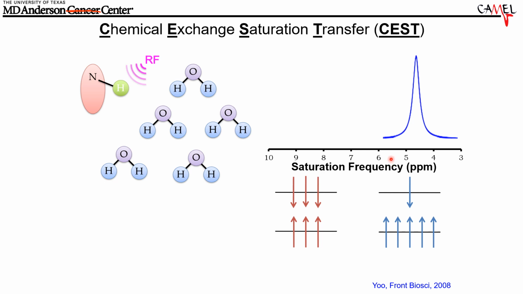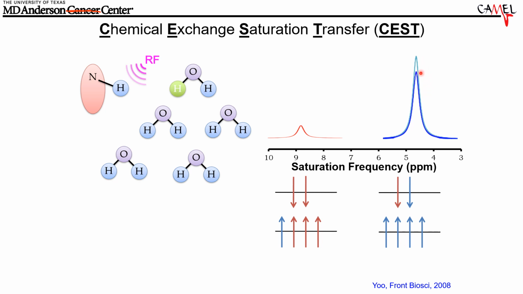Well, now let's have this proton exchange with water. And when that happens, we exchange some of these magnetic moments between the water and the water resonance here in blue versus the amide here in red. And you can see that, yeah, we might have re-picked up some of the net signal from the amide, but we've lost signal from the water.